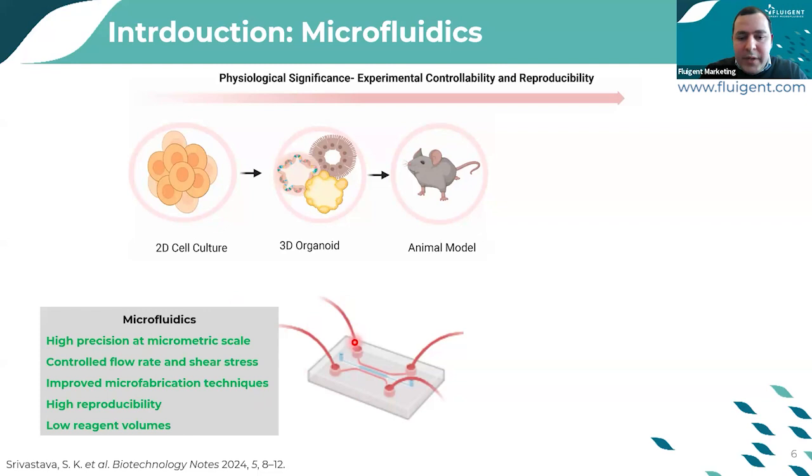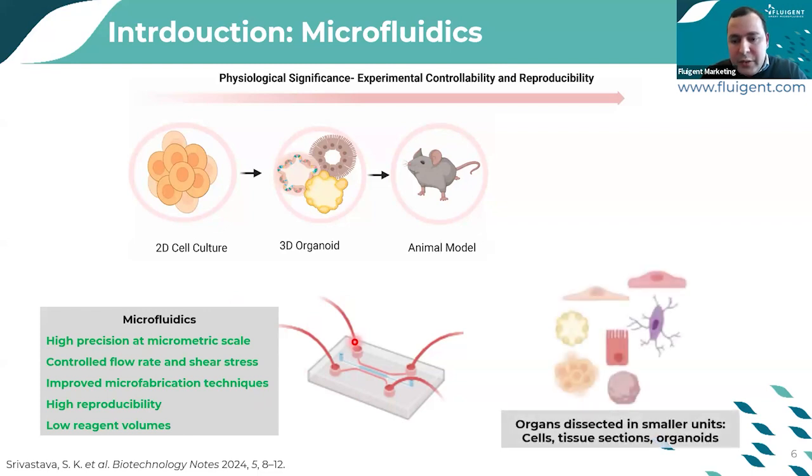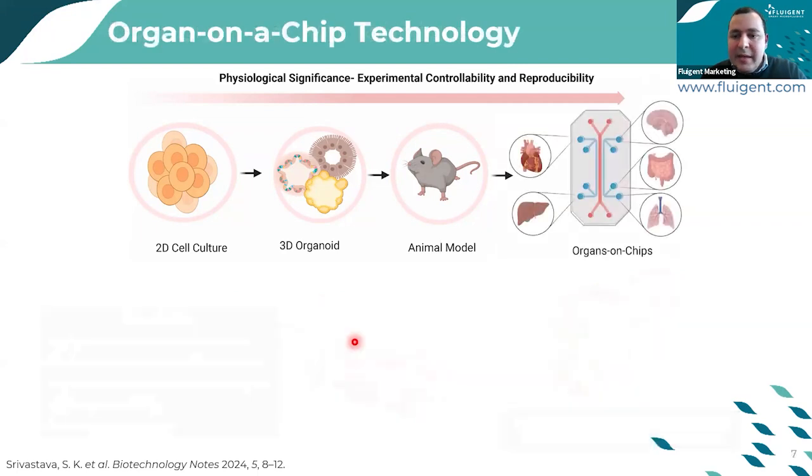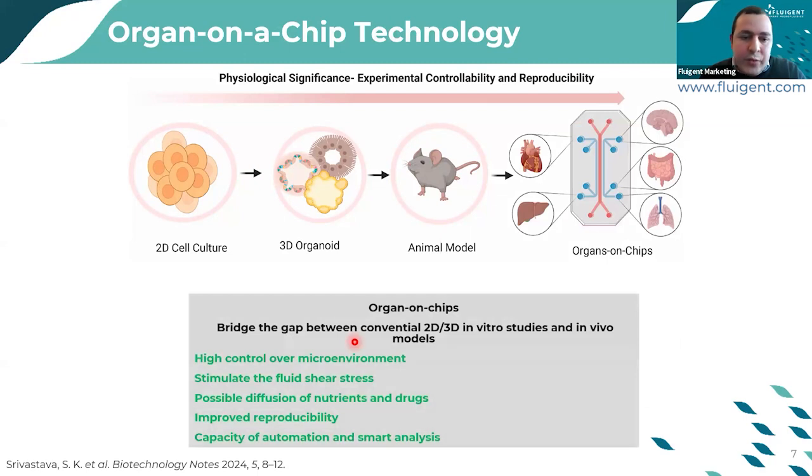So basically, if we couple it with organs dissected into smaller units, such as cells, tissue sections, or organoids, we can create organ-on-chip, which aims to bridge the gap between the conventional 2D and 3D in vitro studies and the in vivo models.